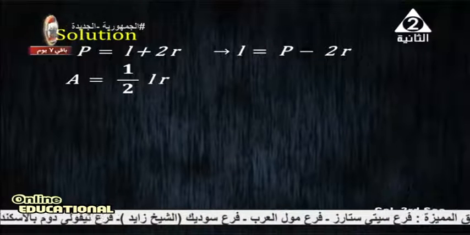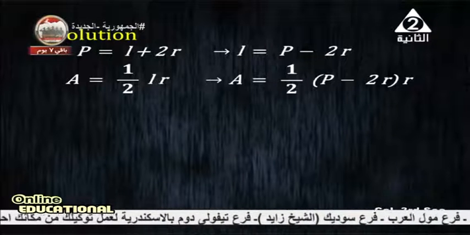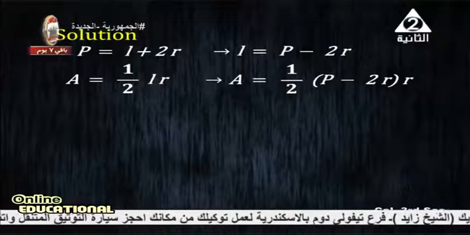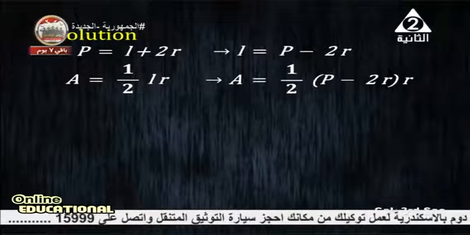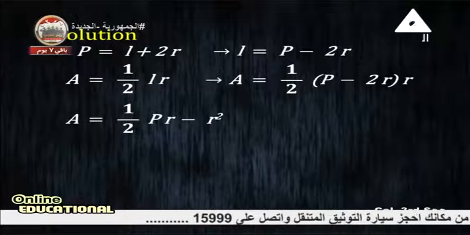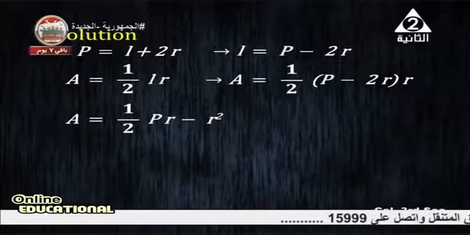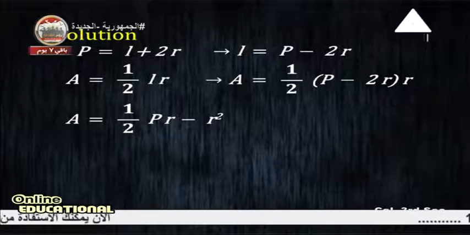We know that the area of the circular sector equals half multiplied by L multiplied by R. Half LR equals half, between two brackets, P minus 2R, multiplied by R. Then the area of the circular sector equals half of PR minus R to the power 2.